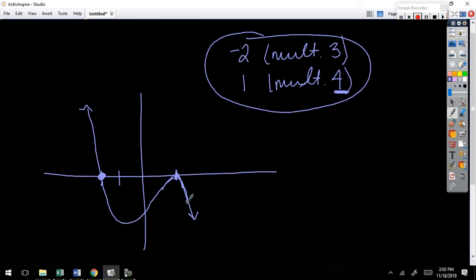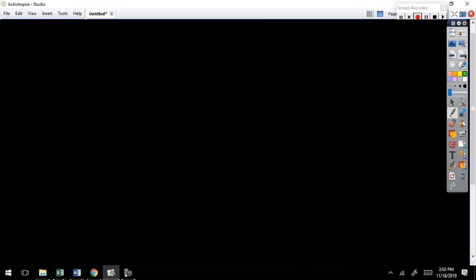All right, going back to what we talked about yesterday with the fundamental theorem. That fundamental theorem of algebra told us that the degree is the number of solutions, the number of zeros, right?